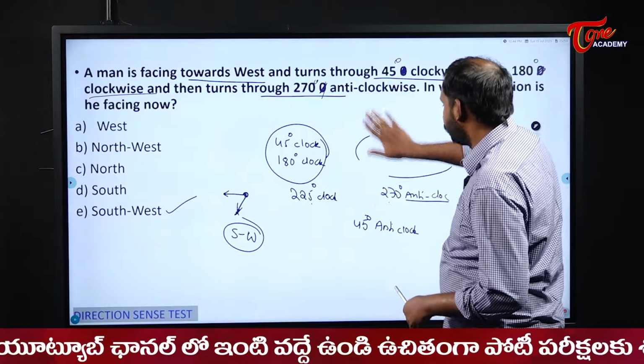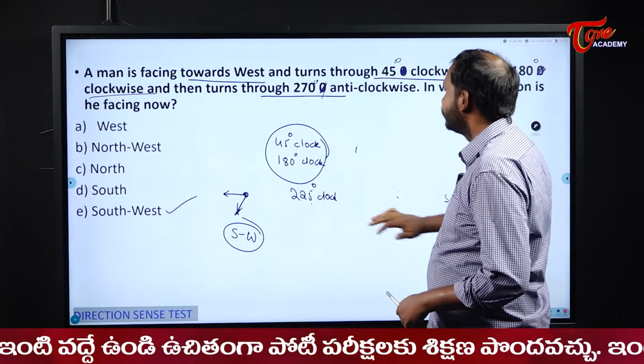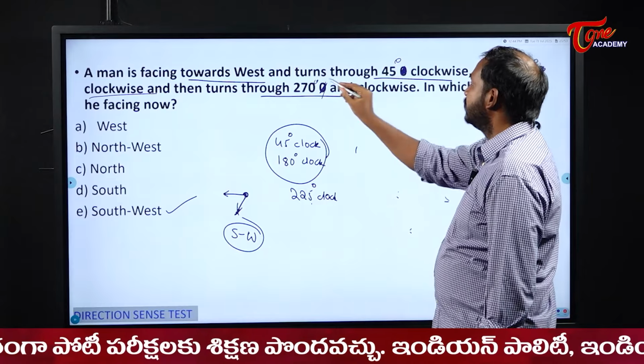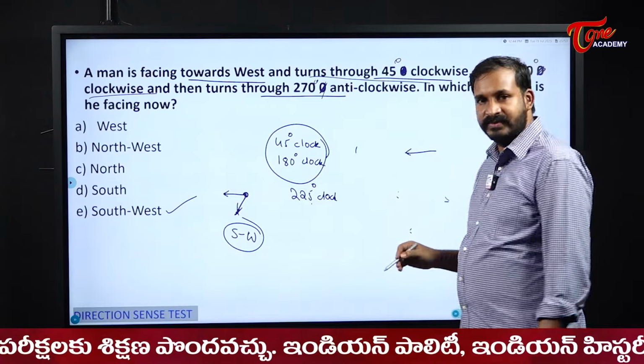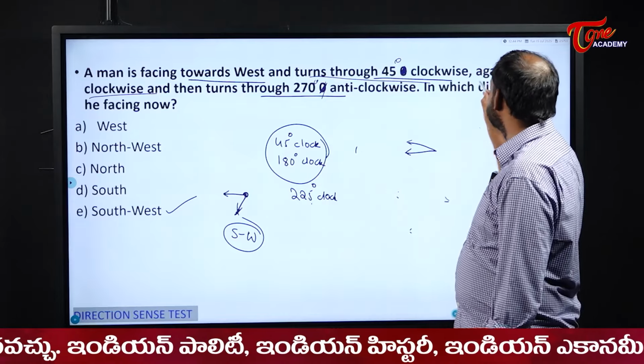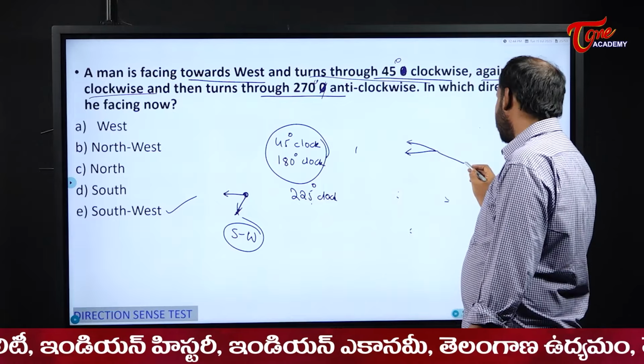When you follow the question, what will happen? We will see it once, just tracking the position. A person is facing towards west, right? He turns 45 degrees clockwise, which means right side. Again 180 degrees clockwise, exactly opposite.